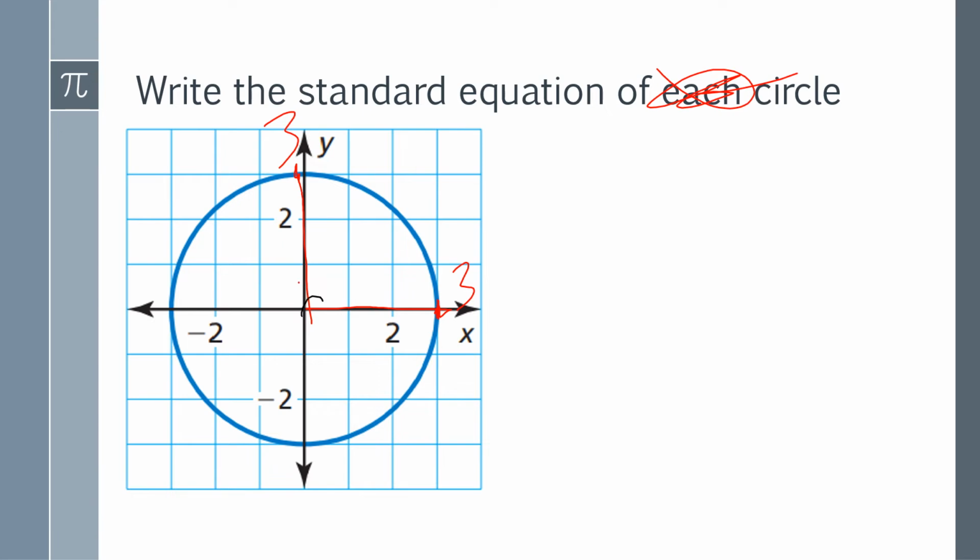My center is the origin point. Remember, H and K are your center points. And this is just me drawing, just so you can see what I'm trying to get at.